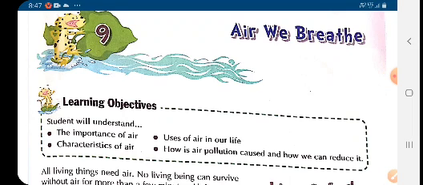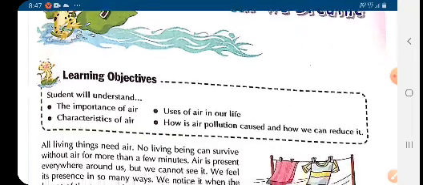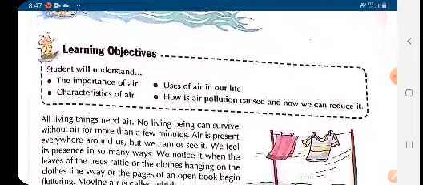Children, as we know, air is everywhere. As I asked you yesterday, what is it we cannot live without? We can live without food and water for a few days, but air is something without which we cannot live even a few minutes.